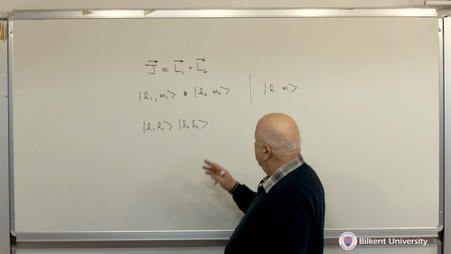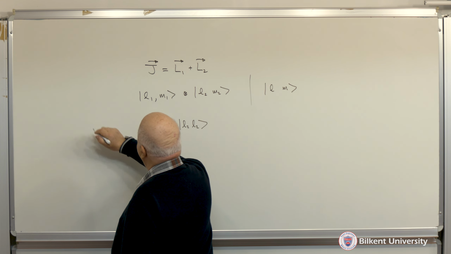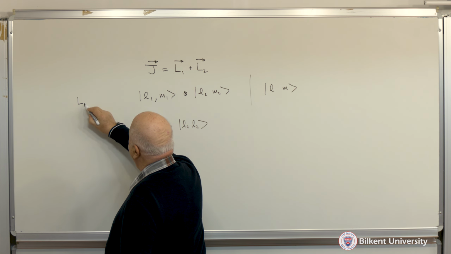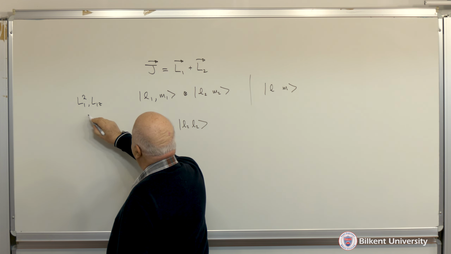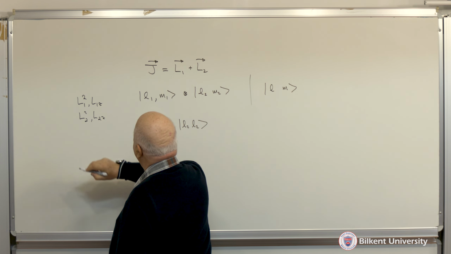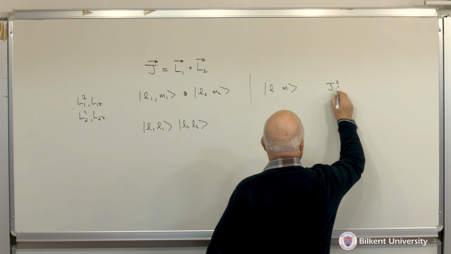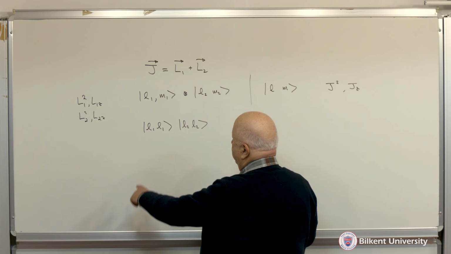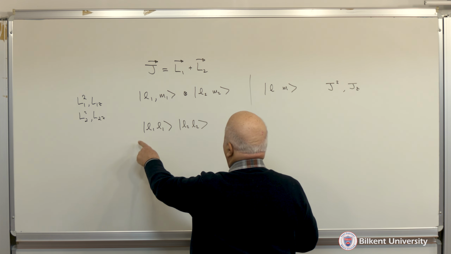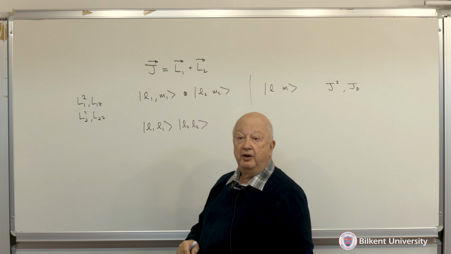So over here on this side, I have these things which are eigenstates of L1 squared, L1Z, and L2 squared, L2Z, whereas over here, this is an eigenstate of J squared and JZ.